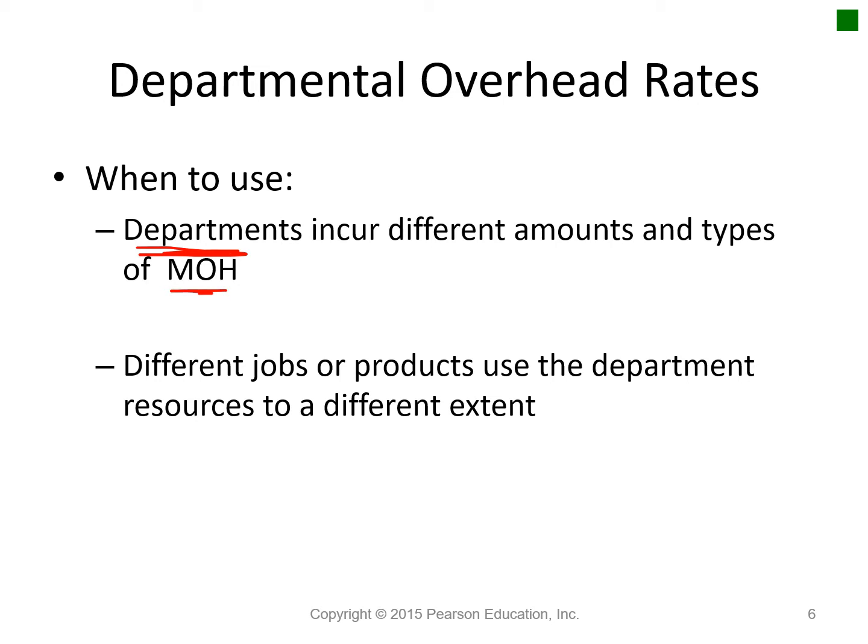You could have different jobs or products that use different resources, but it's really all about the complexity of the department and what you're making, and that will determine if you have more activities taking place in one department versus another. You might want to have different cost drivers prepared, so when you get to that allocation of the overhead, it's going to be more accurate when you compare it to the actual overhead.